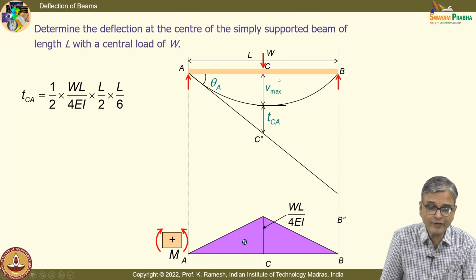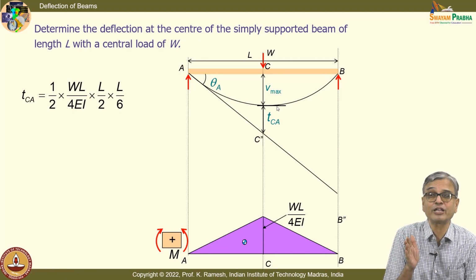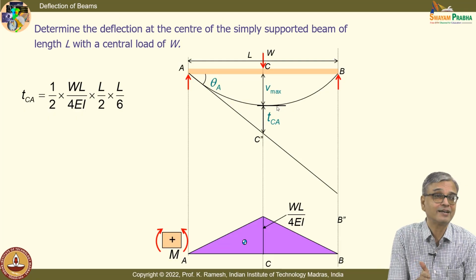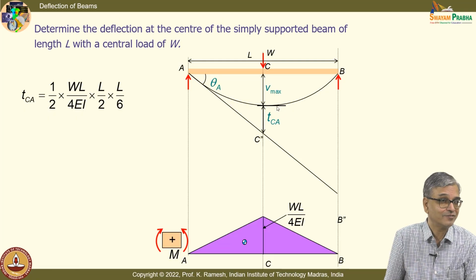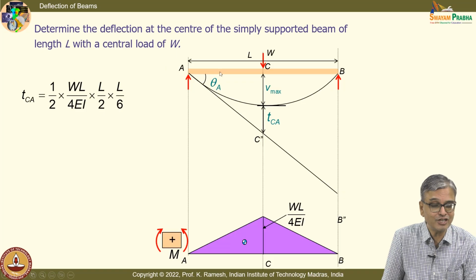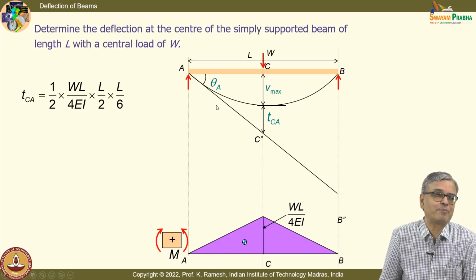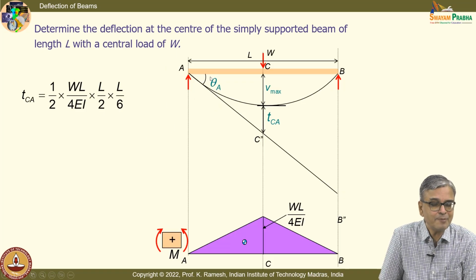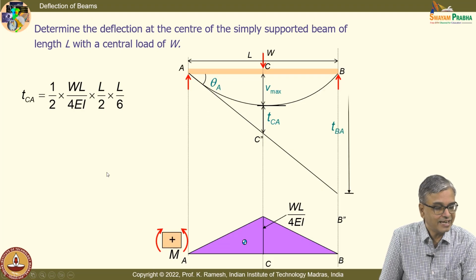And I have to find out vmax. How do I find out this? You should recognize that we are working on small deformation. Do not get duped by the diagram I have drawn. Imagine that this angle is very, very small, less than 0.5 degrees. If it is less than 0.5 degrees, what is the way that I can write this? Can I write this theta A into L by 2 equal to vmax plus tCA?